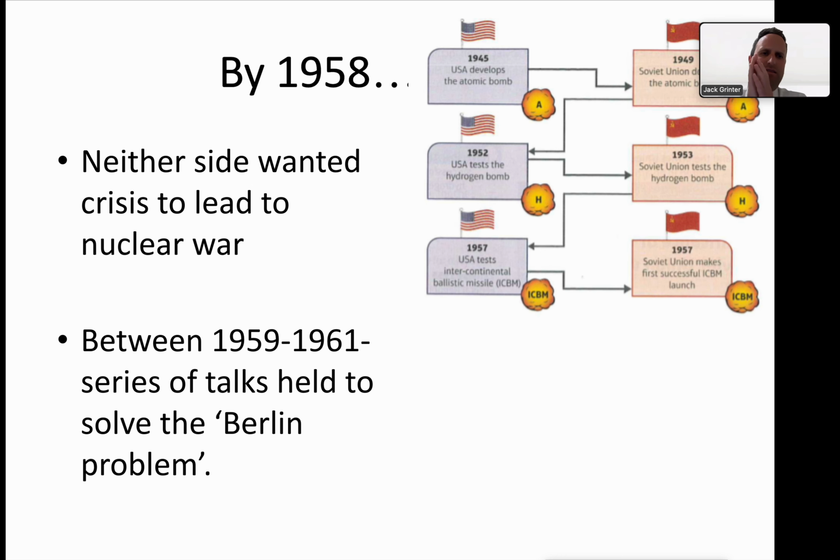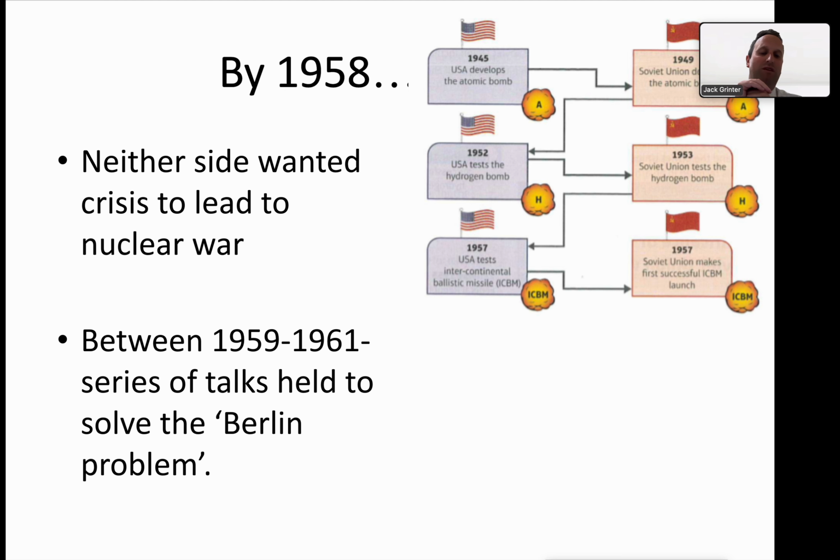And both sides, by 1958, didn't want to go to war over Berlin. So we see a series of talks held to solve the Berlin problem, because neither side could agree on Berlin. And this had been a common thing from the end of World War II, hadn't it? Neither side could decide what should happen with Berlin. And with this, the stakes of warfare had changed as well, like we looked at in Key Topic 1, the arms race.